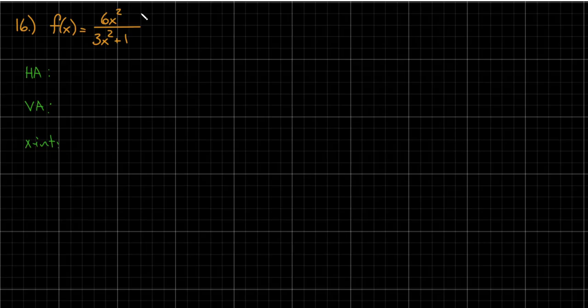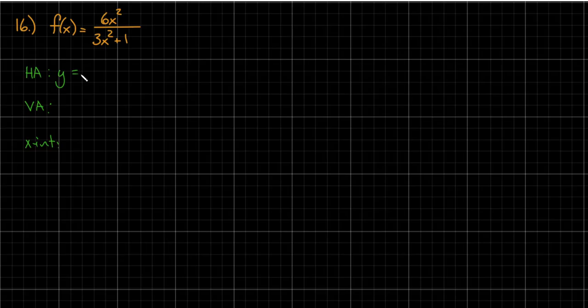What's the degree of this numerator, Ronaldo? What is the degree of the numerator, the top part of this? 2. Love it. Amy, what is the degree of the bottom part? 2. And those are equal. If they're equal, how do we find the asymptote out of it?